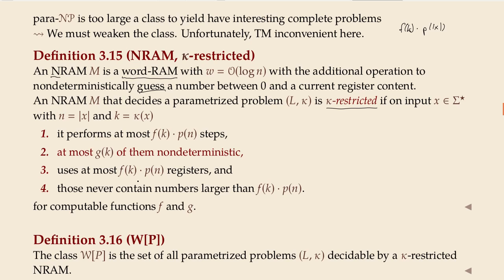And then to make it technically sound, well, accessing not more than those registers is basically implied by only having so many steps. But we also require that we don't cheat with the uniform cost model. We never use numbers that are larger than this as well.